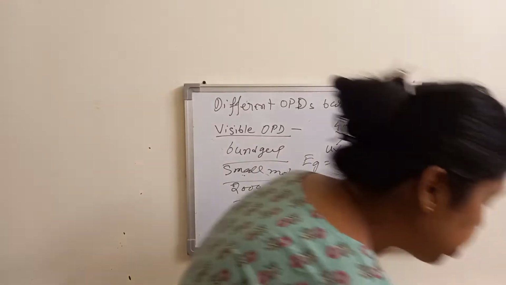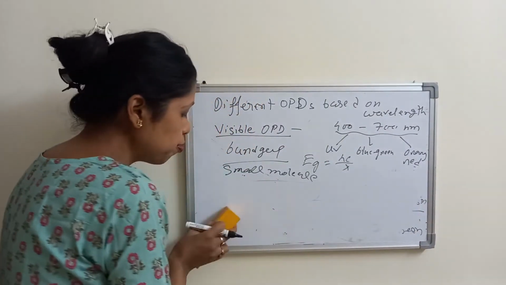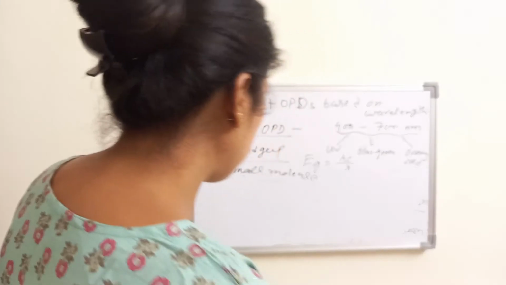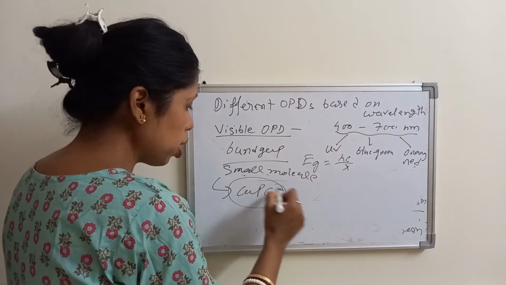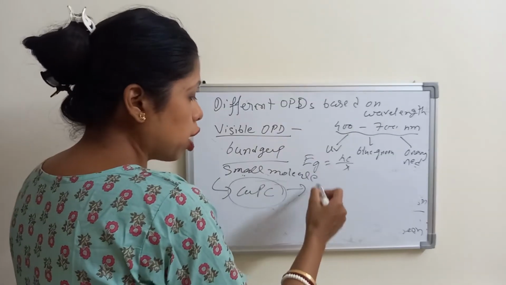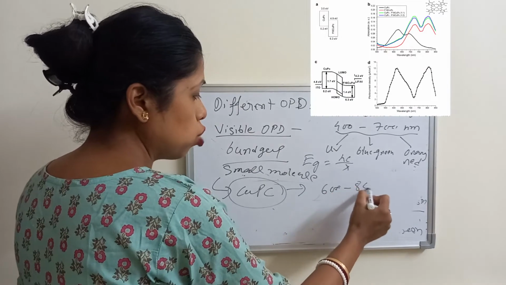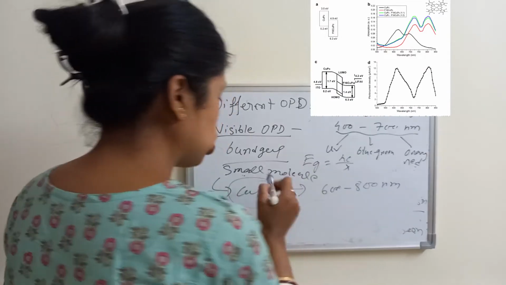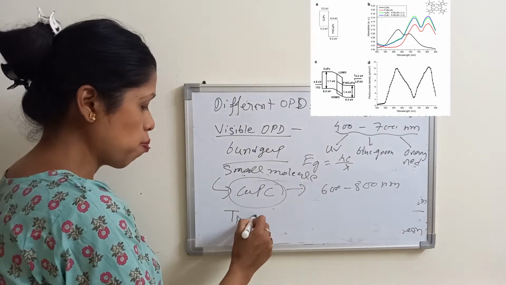For designing the red light photodetector, mainly small molecules are important. One of the popular small molecules is CuPc, which can give a high absorption peak or high response between 600 to 800 nanometers. Another material is tin phthalocyanine.